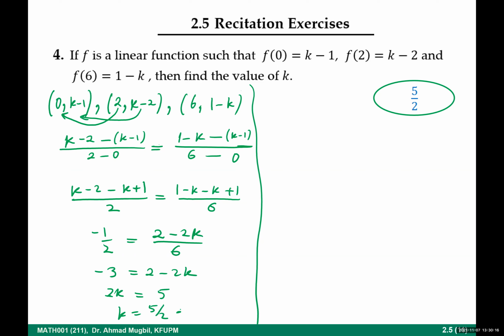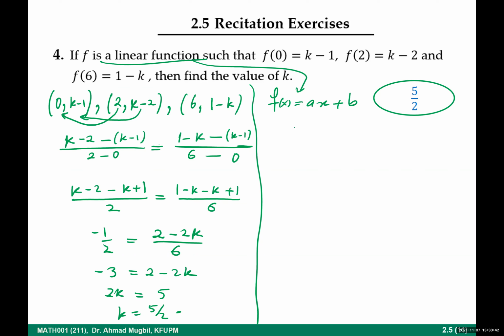Right. This is, of course, completely a 1.3 problem. We just use the idea that the values of the linear function are points on the line. Now we can solve it as a 1 point or 2.5 question. How? A linear function means that it is in this form: f of x equals ax plus b.